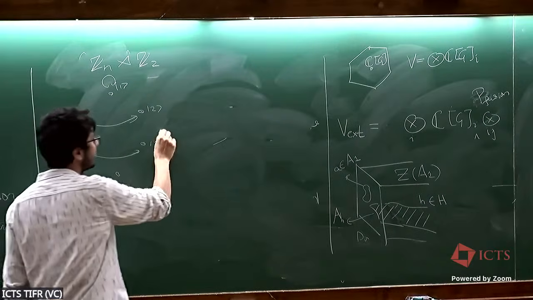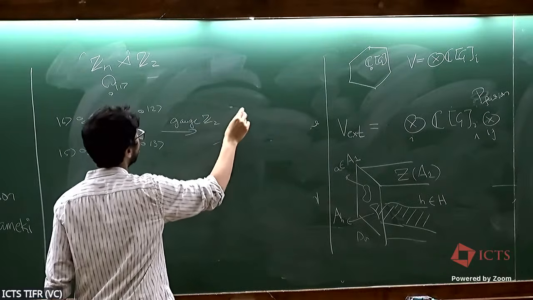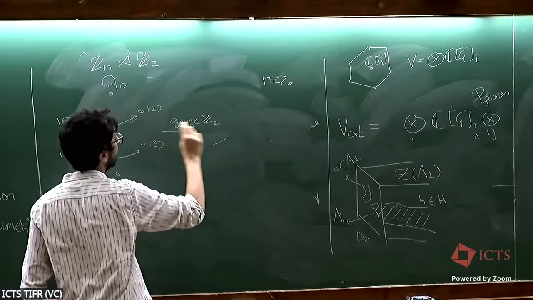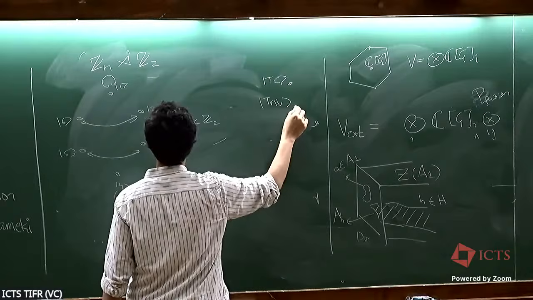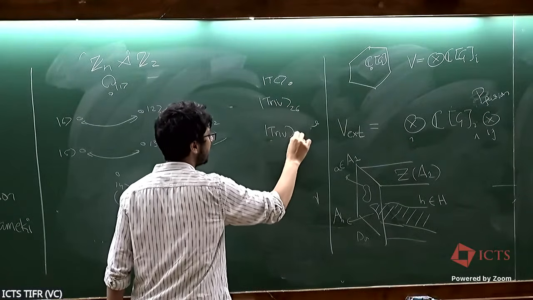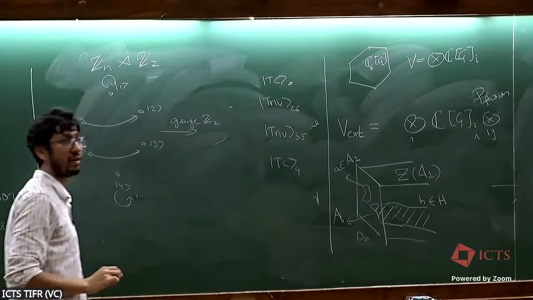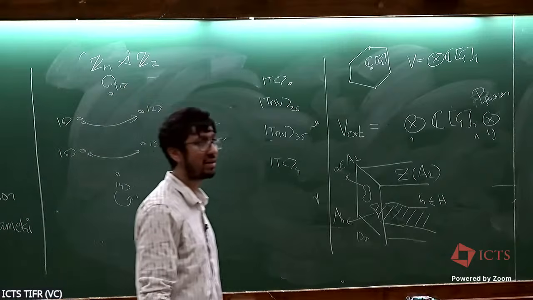Now, if you gauge Z2, you just end up with a toric code coming from 0 and then trivial coming from 1 and 5, and so on. Trivial from 2 and 4, and toric code from 3. So this is all that has happened, but in some slightly more detailed way.